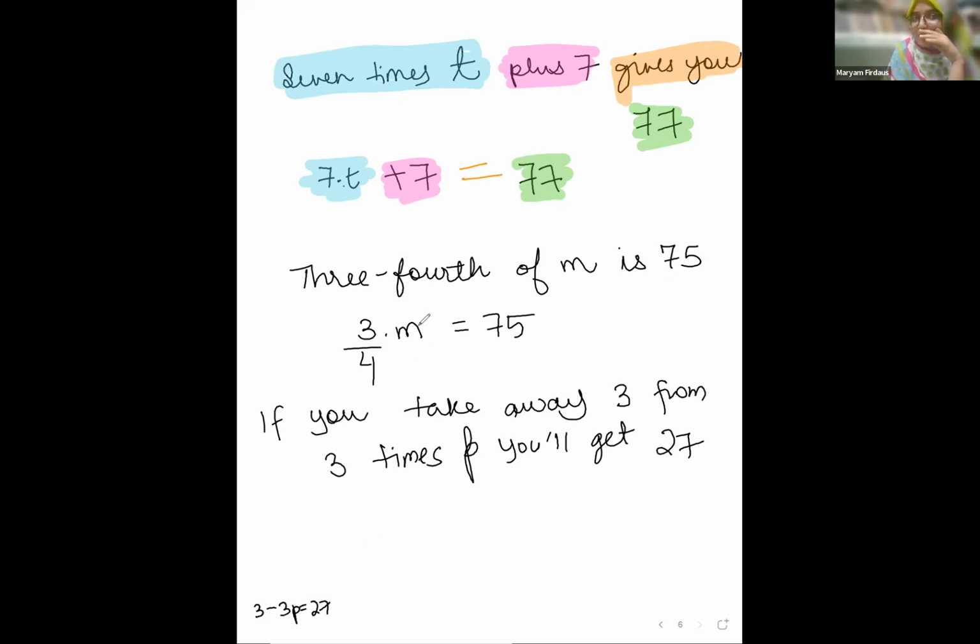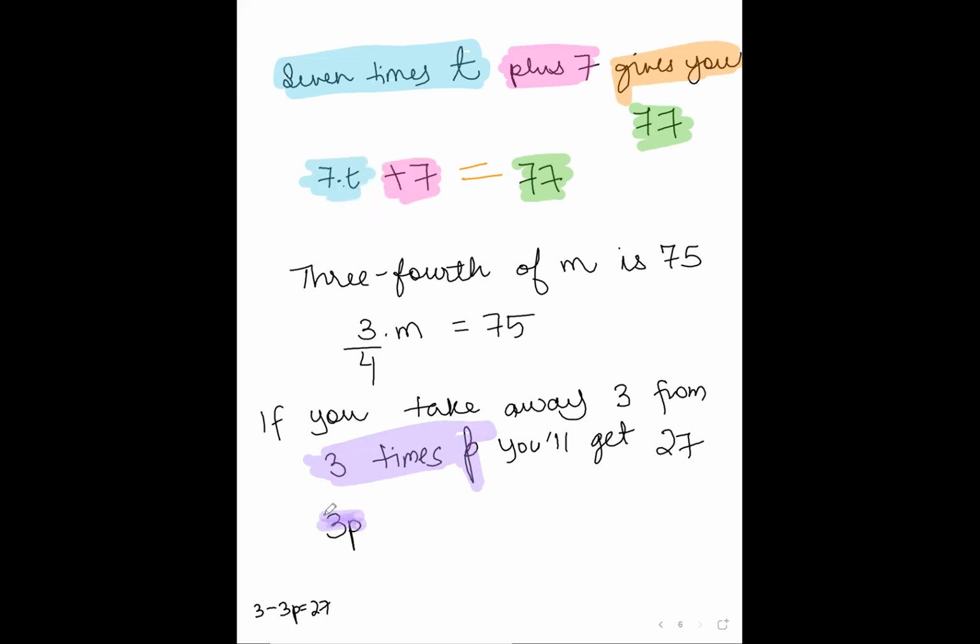Now let's do a word by word analysis. First, let's decide what is 3 times P. 3P? Yeah, 3P. So I'm going to write that as 3P.